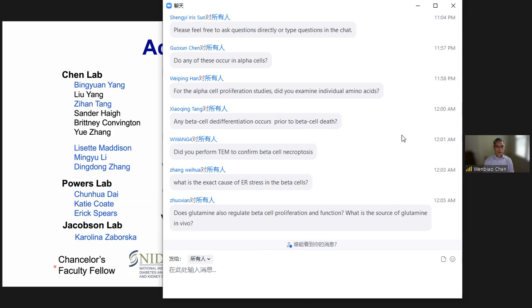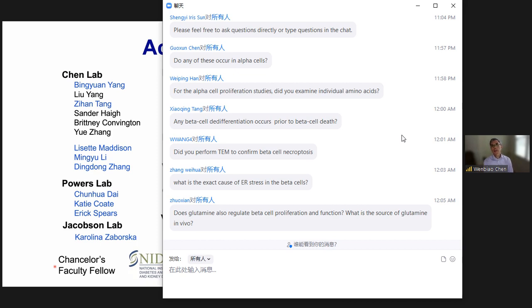Okay, very good question. We have looked at the lineage. In beta cells, probably also like in mice as well, beta cells are derived from two lineages, either dorsal bud derived or ventral bud derived. The dorsal bud derived cells form earlier in zebrafish.